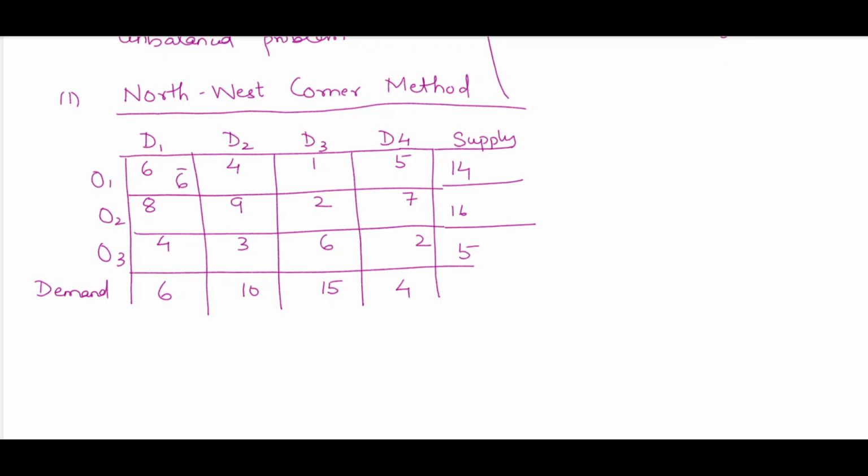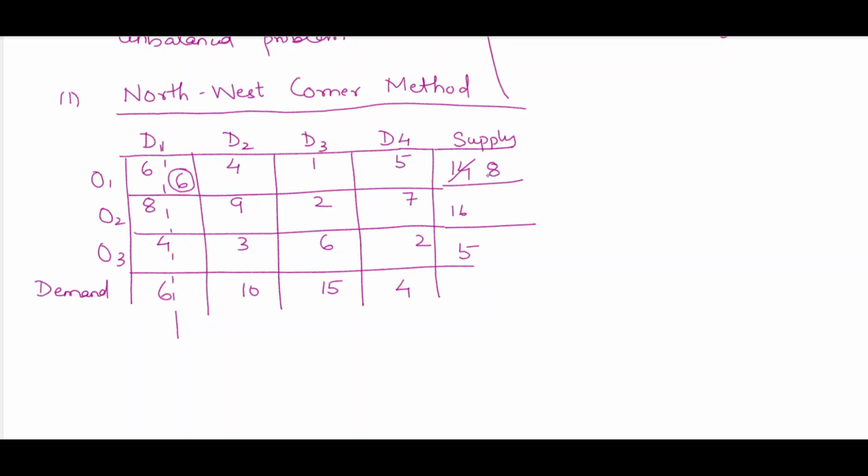We circle it and cut this column because we have completely fulfilled its demand. We subtract 6 from 14, leaving a supply of 8. Now D2O1 is the northwest corner of the new table, so we will start allocating here.